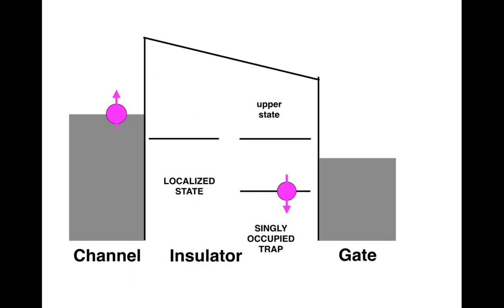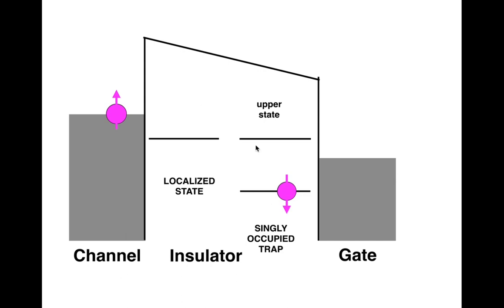The systems I'm going to be talking about and that we're looking at experimentally are not ferromagnetic. So let's now look at a non-magnetic situation and see if we can also get a magnetoresistance. It turns out we can, as long as we have a second state, or second defect, within this insulator.